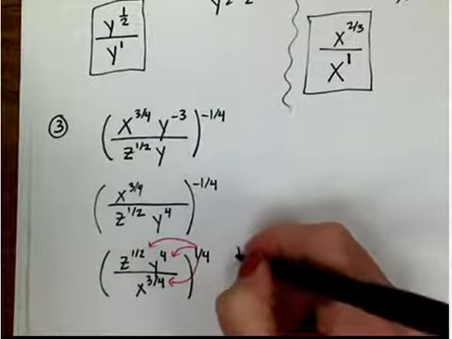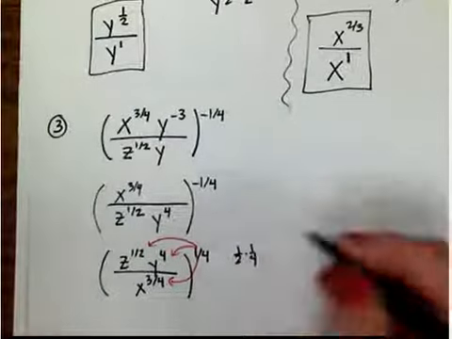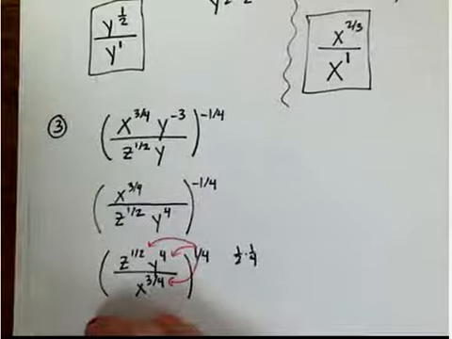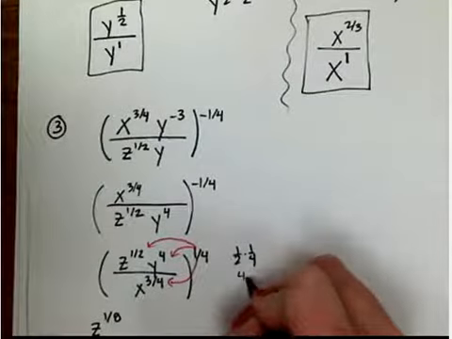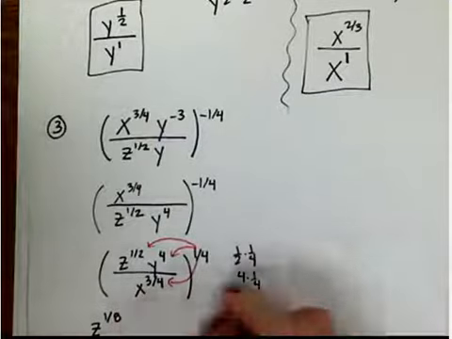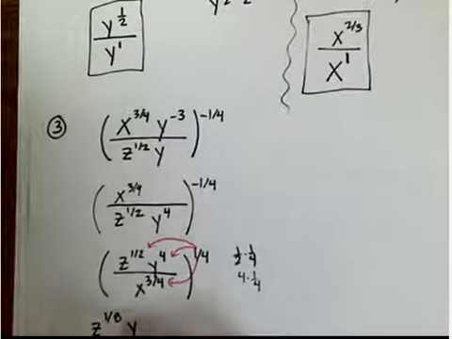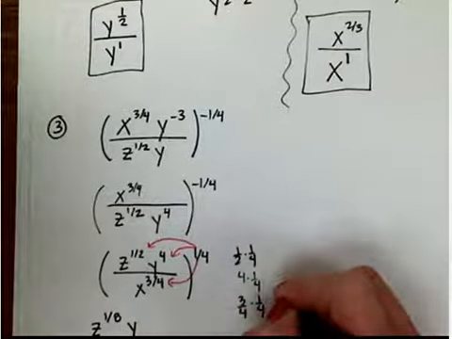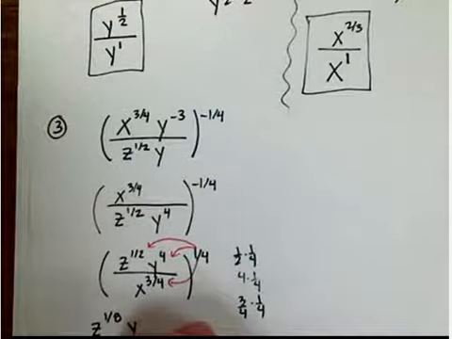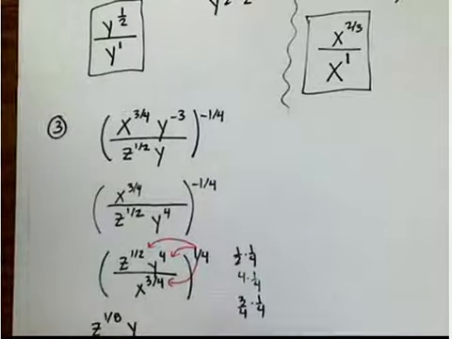Okay, so 1/2 times 1/4 is 1/8. Fractions go straight across. 4 times 1/4 is 1. 3/4 times 1/4 is 3/16.